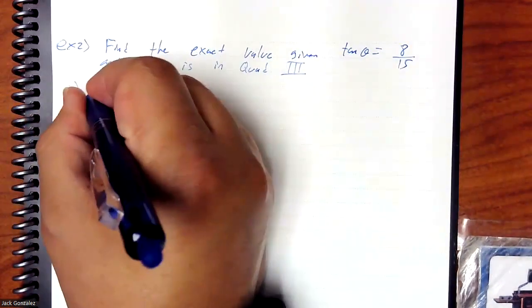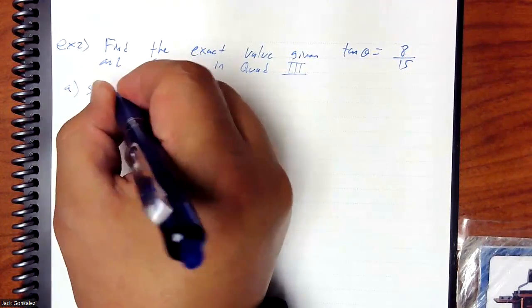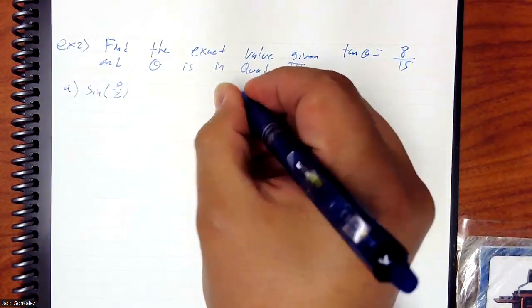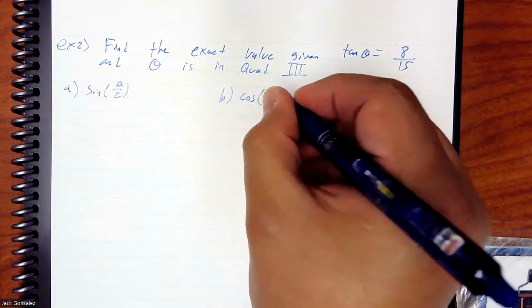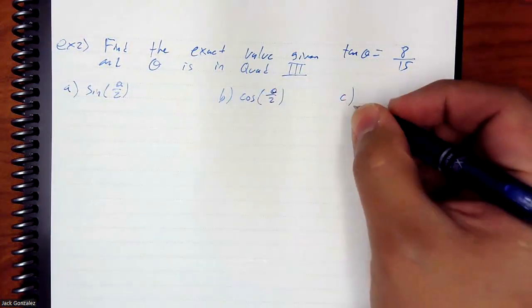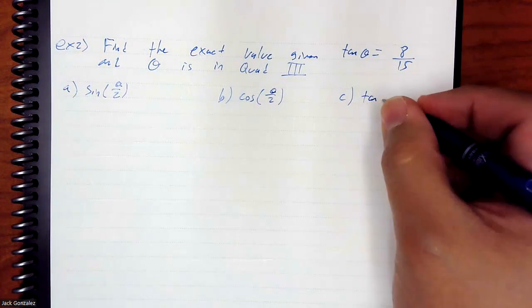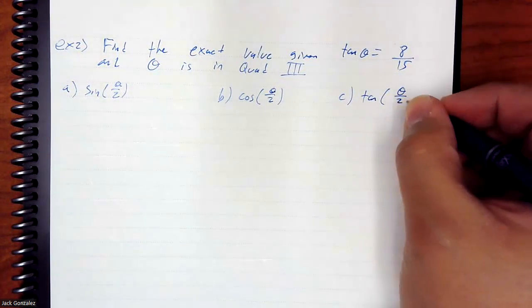Part A is sine of theta over 2. Part B is cosine theta over 2. C is tan of theta over 2.